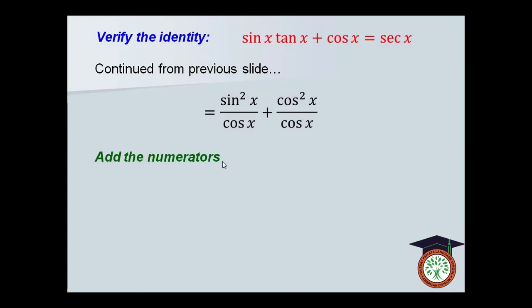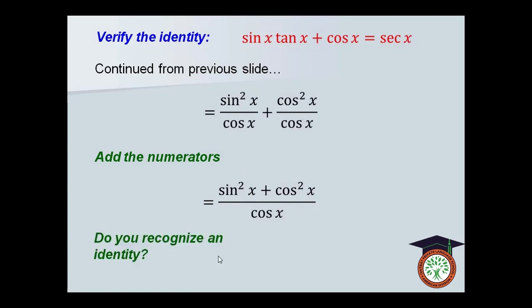So sine power 2x plus cosine power 2x over cosine x. Who can tell me what I can see here in the numerator? Yes, our identity rule: sine power 2x plus cosine power 2x equals, very good, I can hear you, equals 1.